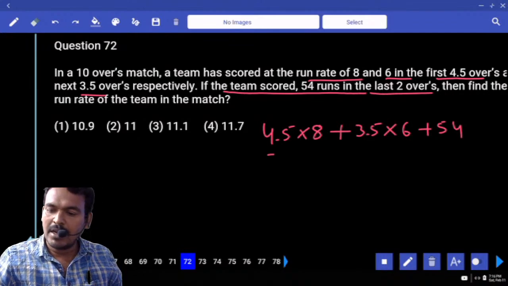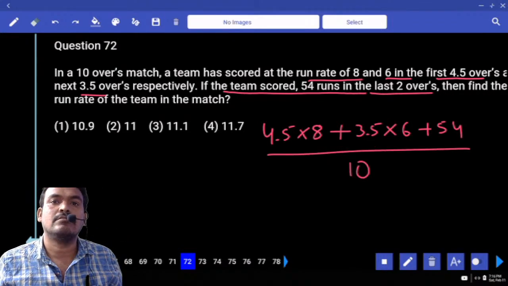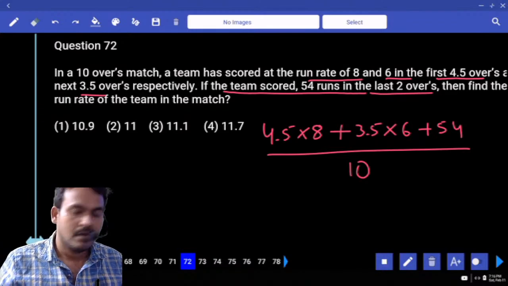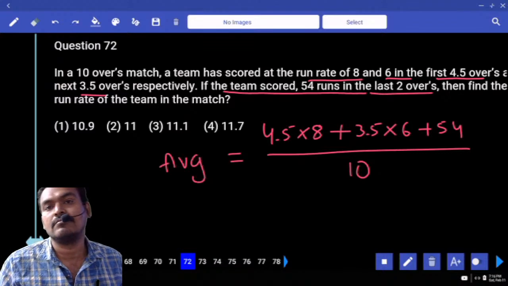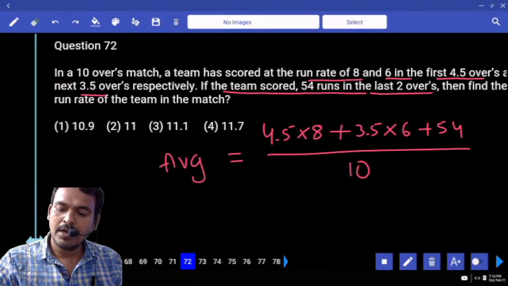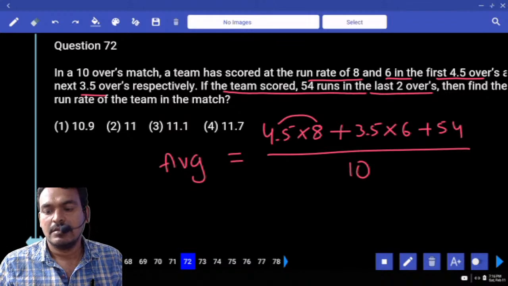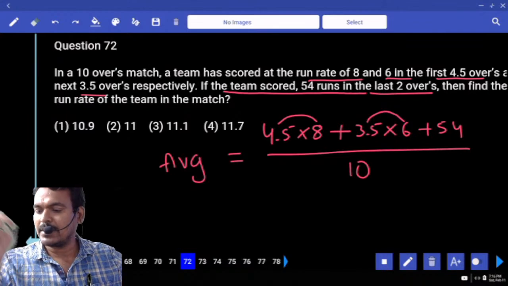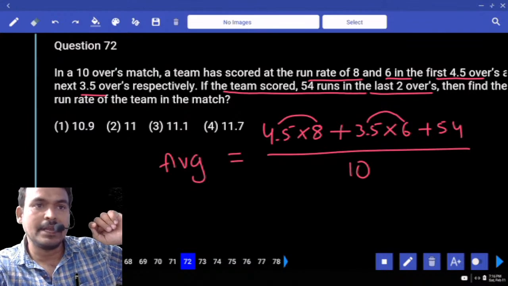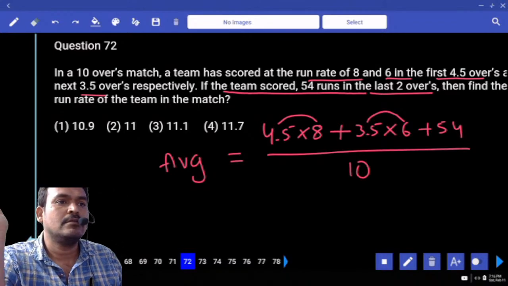Divide by 10, we get the average of 10 hours. 4.5 into 8, 36. 3.5 into 6, 21. 36 plus 54, 90. 90 plus 21, 111.